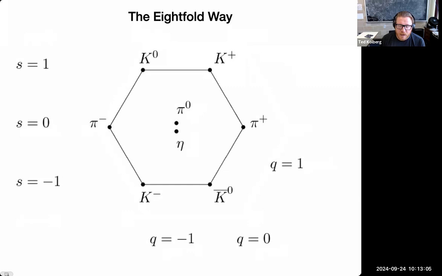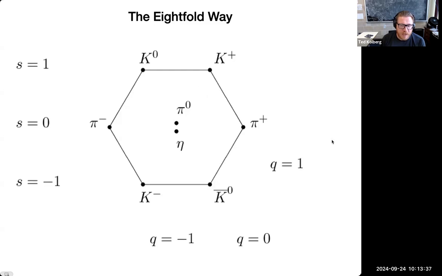One can organize the mesons into similar groupings of 8 called octets. And this octet now has the strangeness 0 line running through the center. Those are the pions. And then we have kaons at strangeness of 1 and -1. For each of those, there's a Q equals 1 or -1 version and a Q equals 0 version.